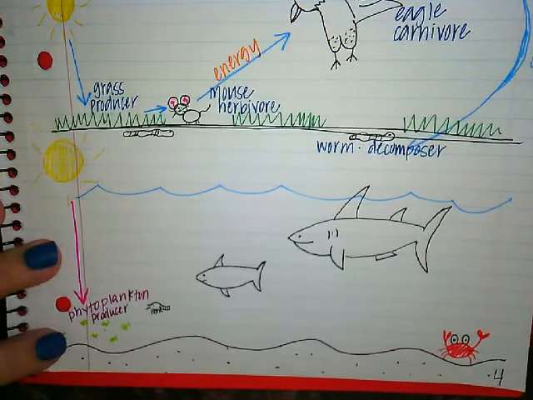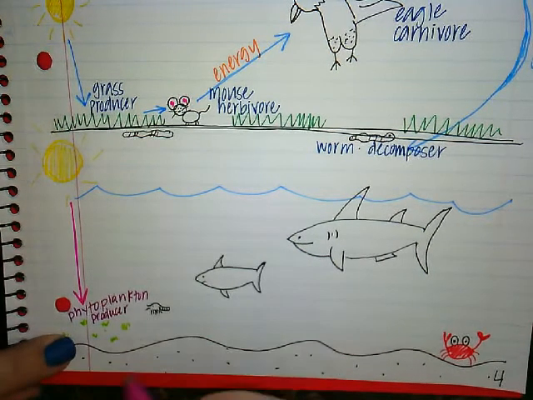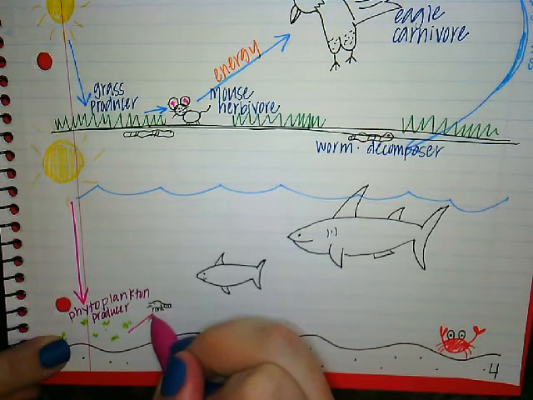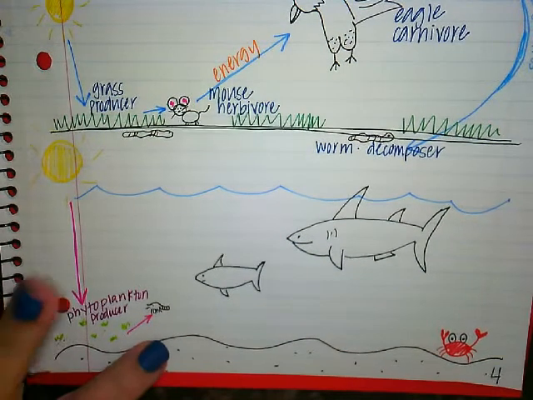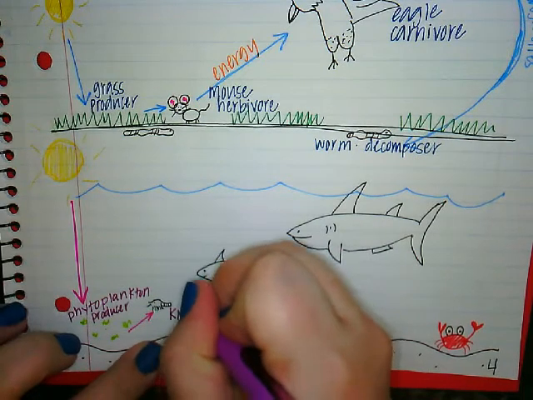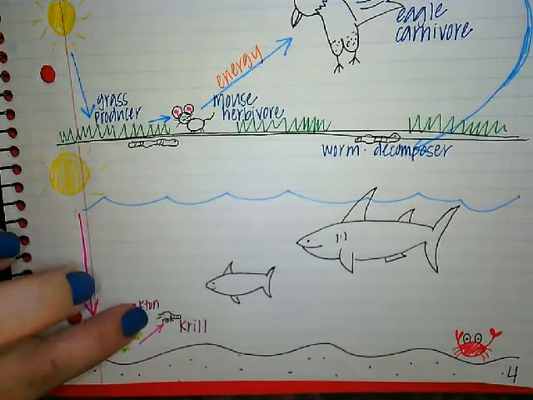Phytoplankton. And that phytoplankton is a producer because it uses the sun's energy to make its food resource. Phytoplankton is going to get eaten by this cute little friend right here.